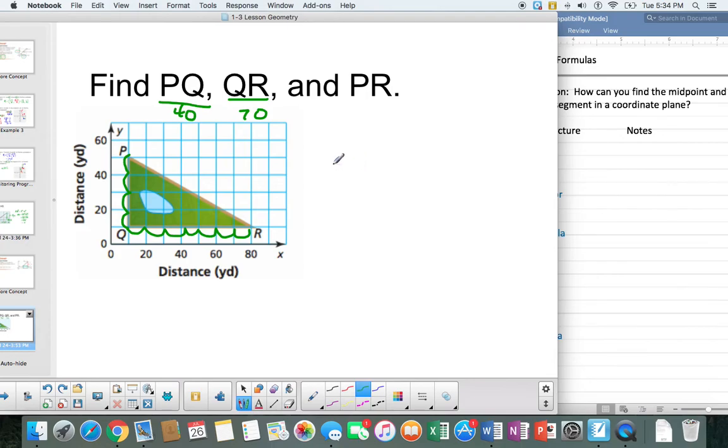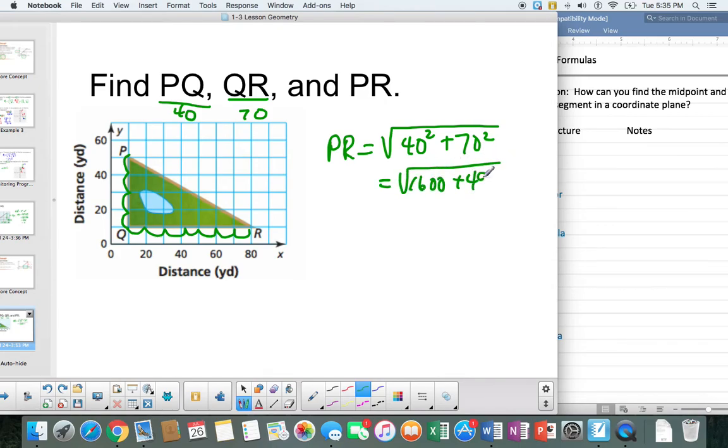So we can actually just use the distance formula. PR is equal to root, and then we're just going to do 40 squared plus 70 squared. And this will be 1600 plus 4900, and this will be the square root of 6500. And 6500 is 65 times 100. Square root of 100 is 10, so it's 10 root 65. That's a way to do it with the Pythagorean theorem.